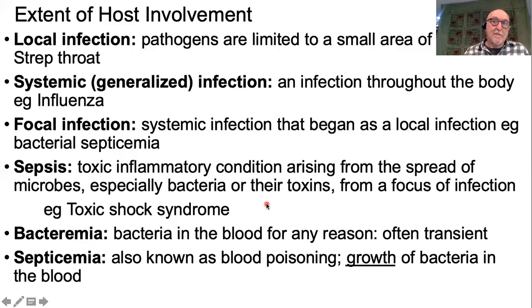It is a response of the immune system, especially to the spread of gram-negative bacteria. They provoke it most strongly. They're not the only ones that provoke it, but they are very commonly implicated in sepsis. And it is a generalized inflammatory condition, which is a response to the presence of bacteria in the bloodstream.